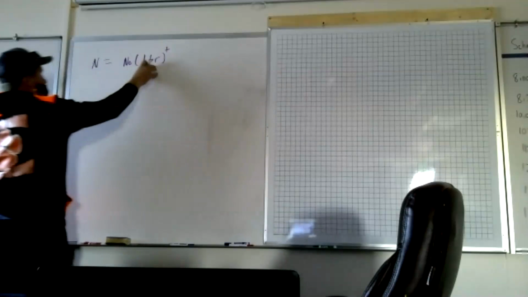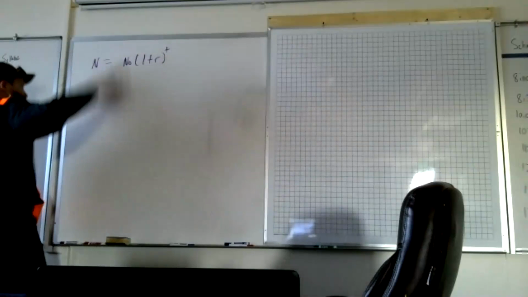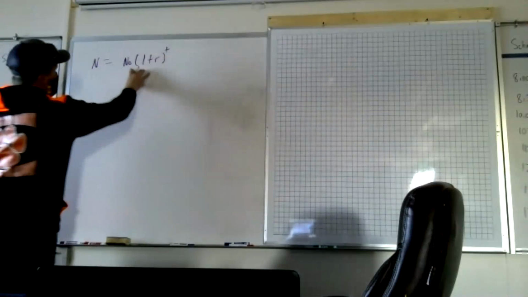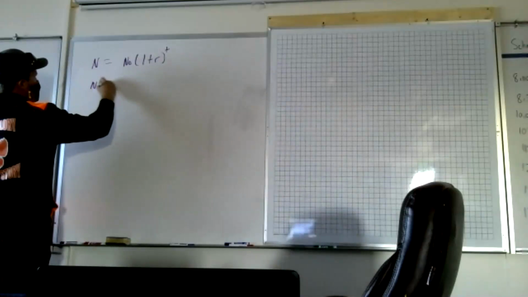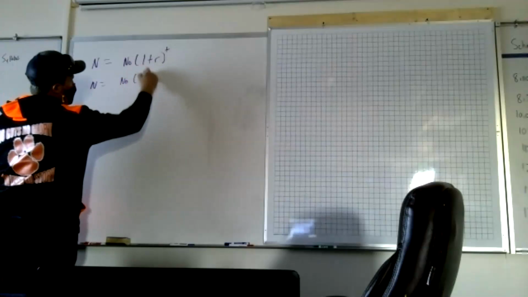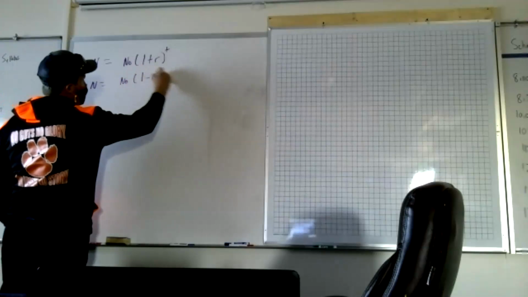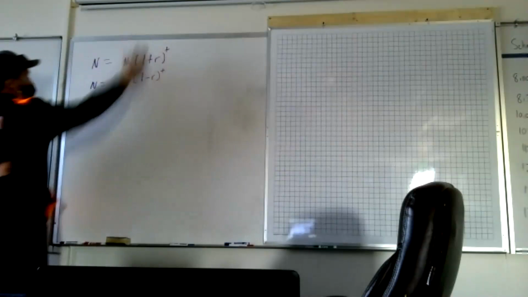This would be growth because we're adding r, so we're growing exponentially, so 1 plus r. Exponential decay, it's the same equation where N of 0 is your initial population, but it'll be 1 minus r to the t, and t is always represented in years.